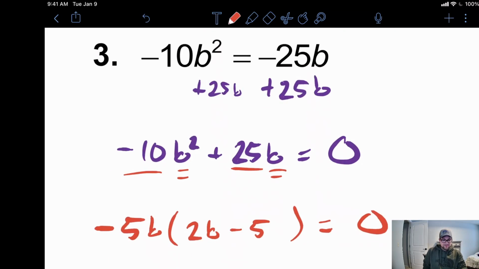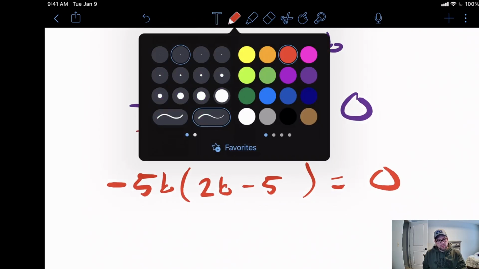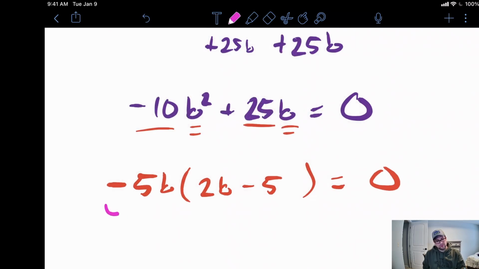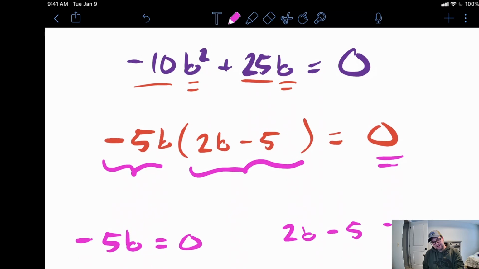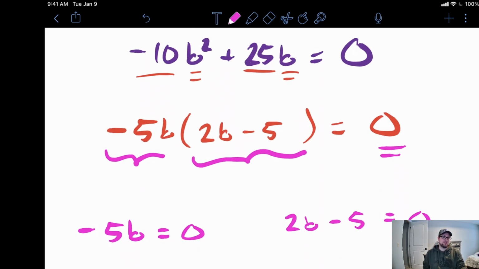So once we arrive at this point, what we need to do is solve. We have two things being multiplied together to equal 0. So we're going to take the first one, which has a b, which is why we care about it, and set it equal to 0. And we're going to take the second one and set it equal to 0. Now we just want to solve.